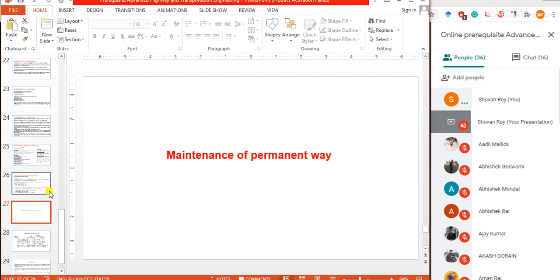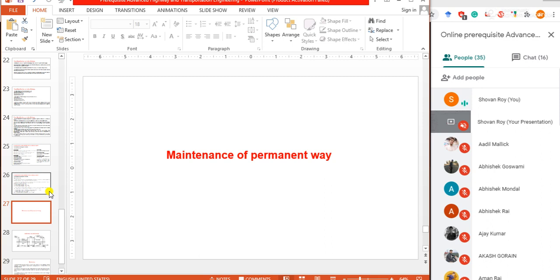The increased track loading has necessitated improvement in the track structure and maintenance practices, especially over high density and high speed routes. So track utilization is also one piece of information which I have told you.